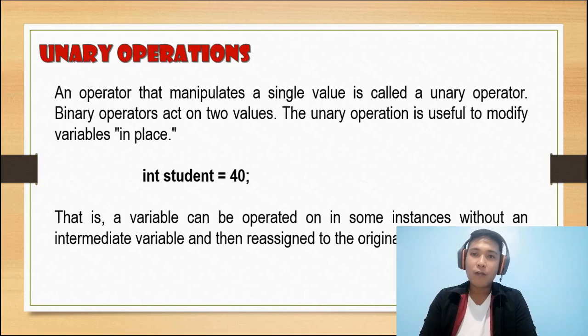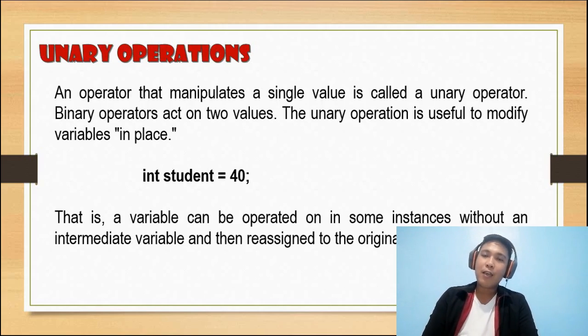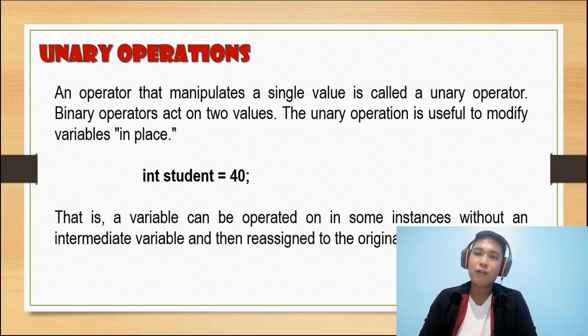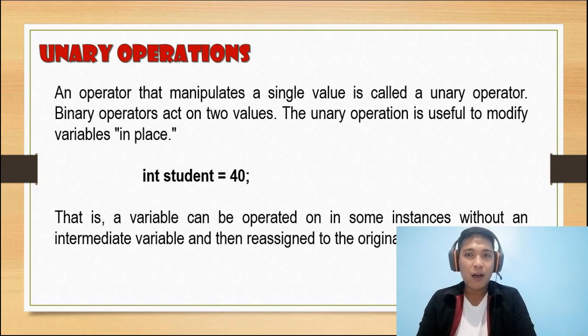Say for example, from positive 40, we can change that to negative 40. Or from the initial state, which is positive, we can change this into a negative value using the unary operators. Okay, so a variable can be operated on in some instances without an intermediate variable and then reassigned to the original variable or to the original value.